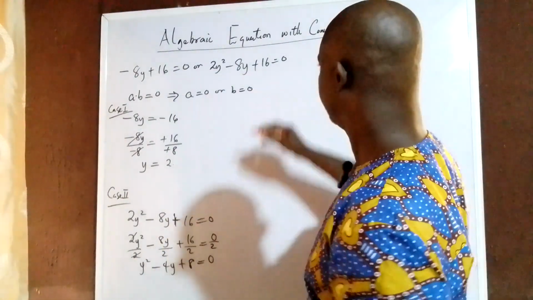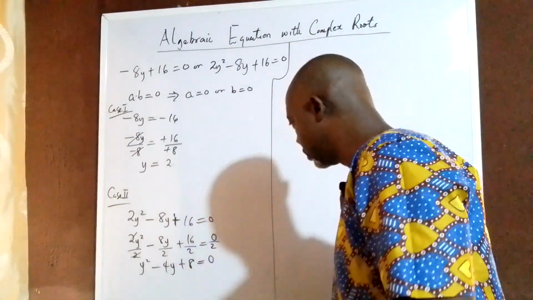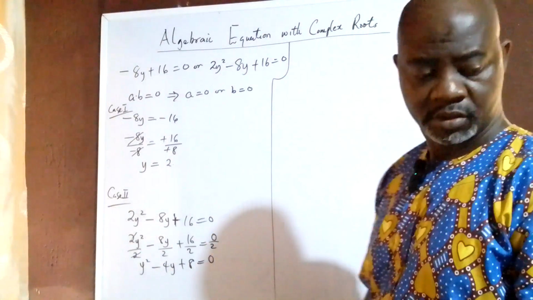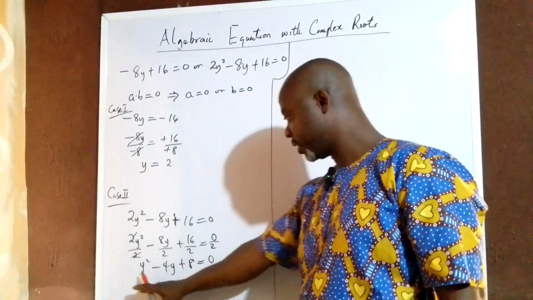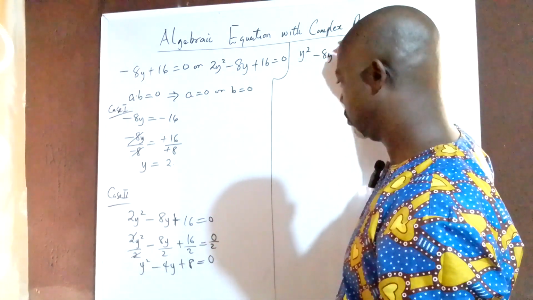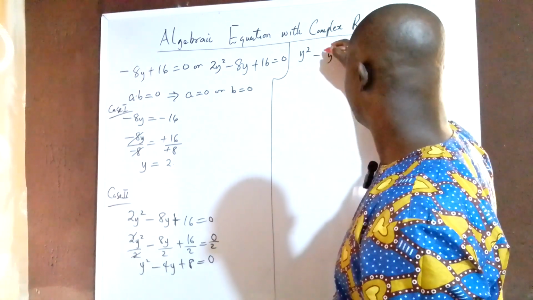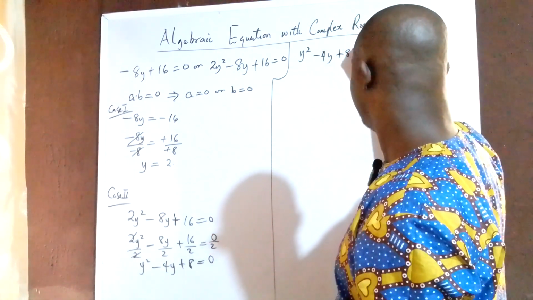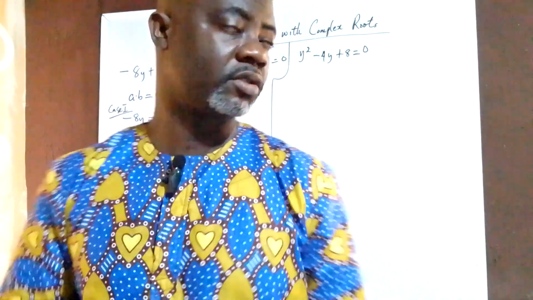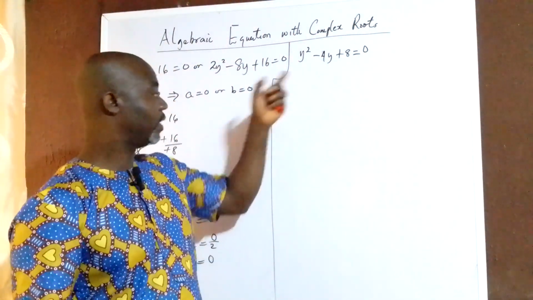So from here, first we need to find out if this quadratic equation is factorizable. Does it have factors? How do we know if it has factors?